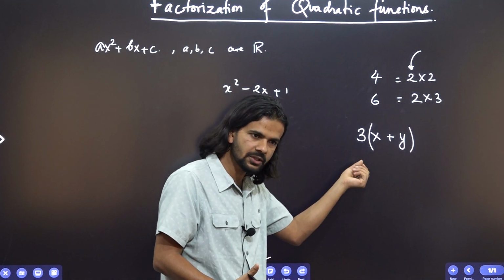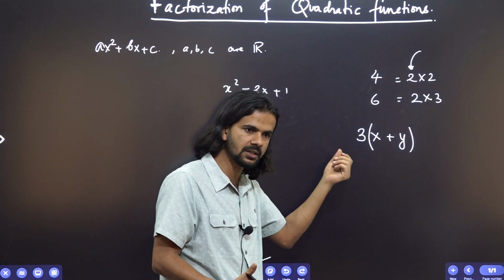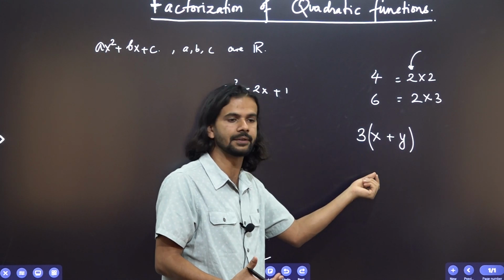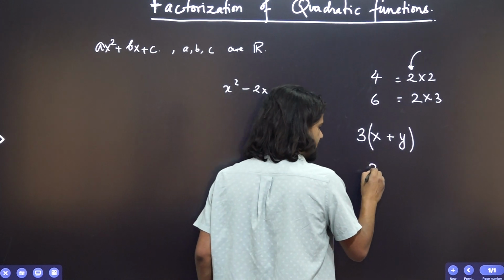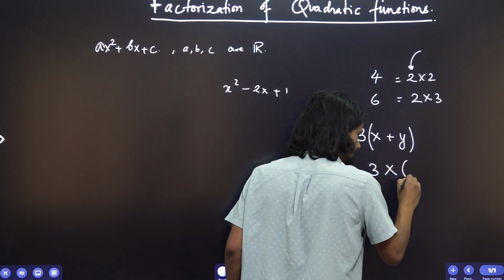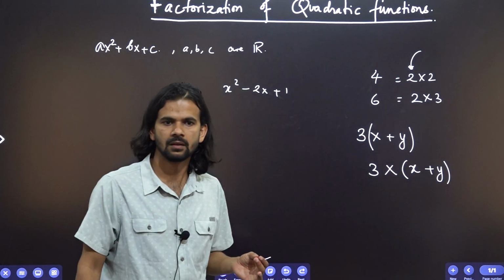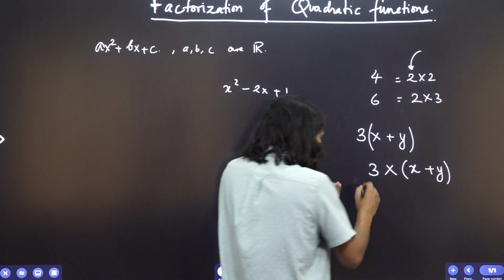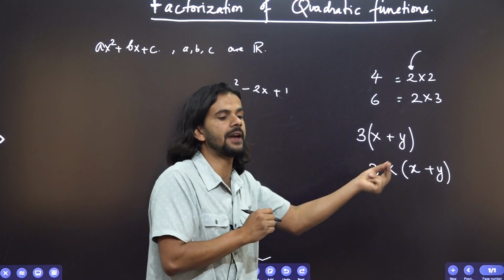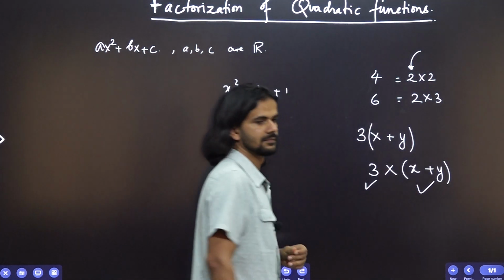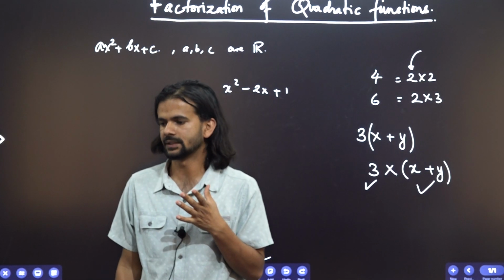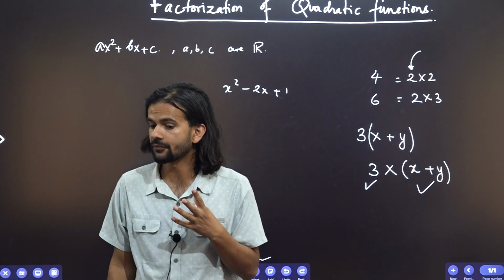What are the expressions that you need to multiply in order to get this one? You multiply 3 times x plus y. So, one factor is 3, the other factor is x plus y. See, these are the factors.